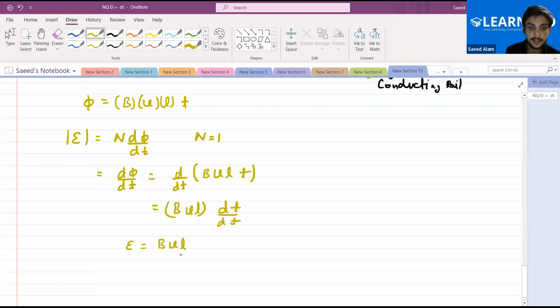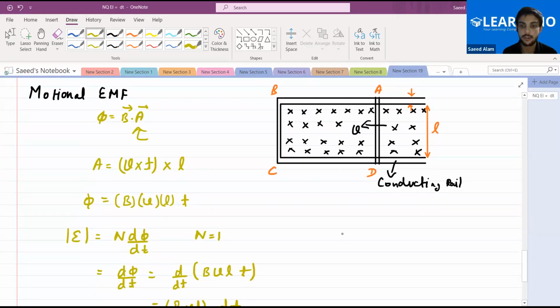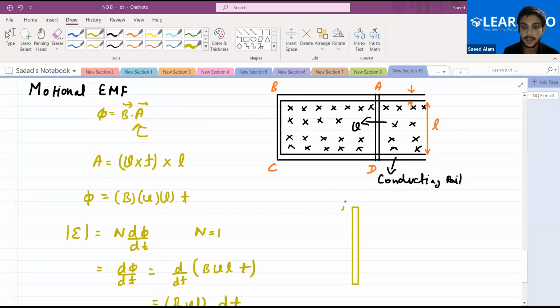BVL. But I'm still not satisfied with this EMF. The reason is that I know there will be some potential difference across this AD rod that we are talking about, and I know that some EMF will be induced across it.